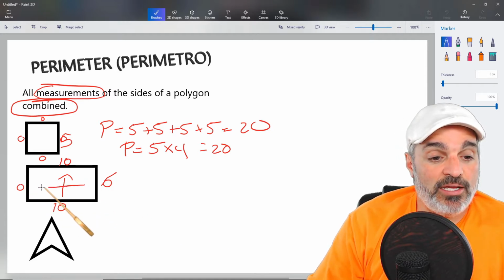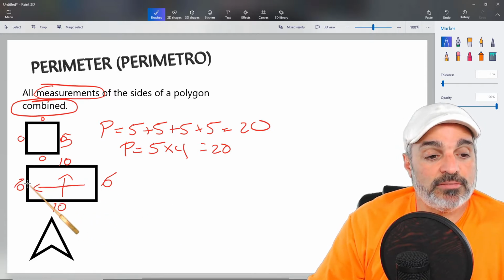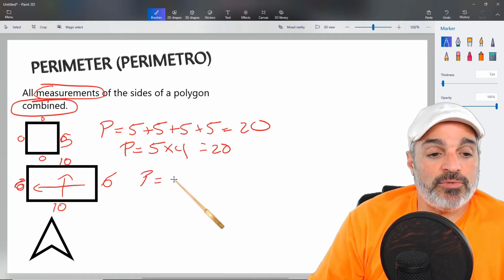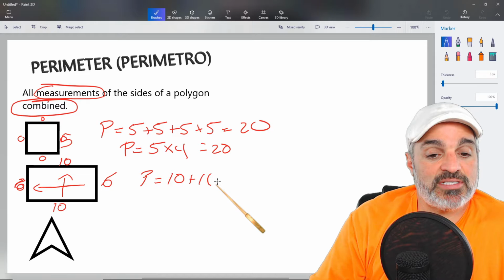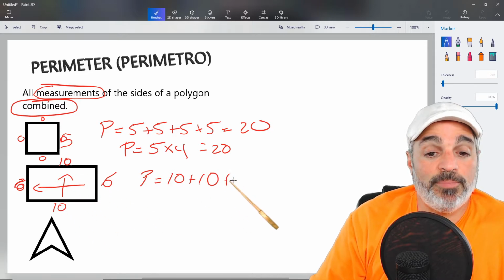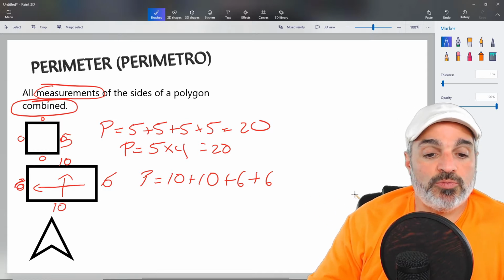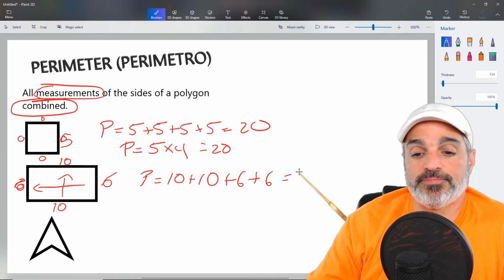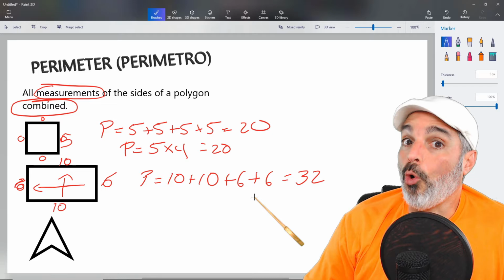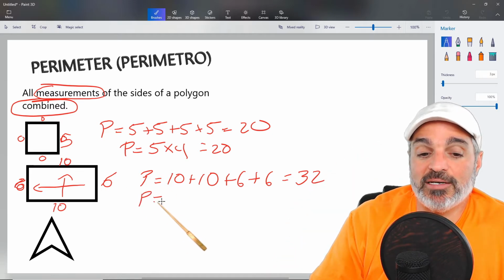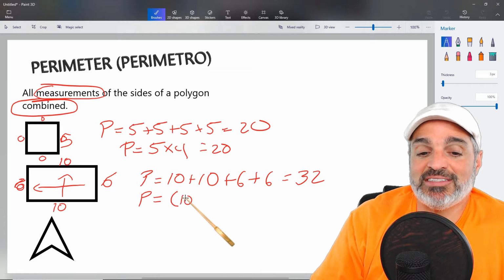So this side here, it's also 6. Oh, messed it up. So now you can calculate the perimeter, which is 10 plus 10, these 2 10s together, plus 6 plus 6. Boom. There you have the perimeter, which is what? 20, 26, 32. 32.